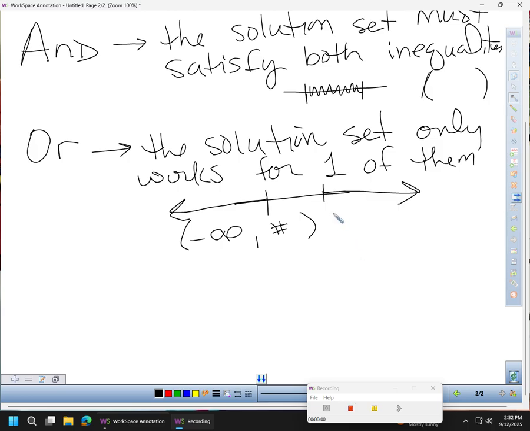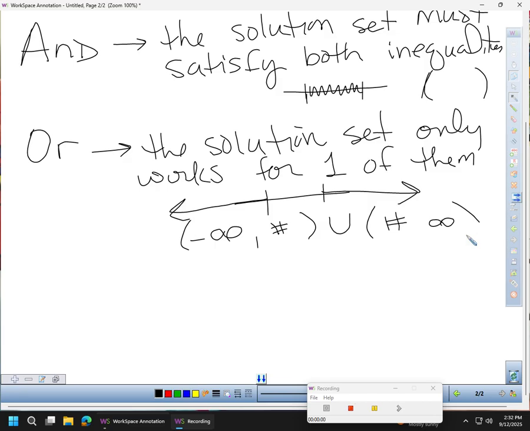Does anybody remember what goes in the middle? A U. Remember that? It meant union. And then we start with the next one, whether it's a parenthesis or a bracket, the new number to positive infinity. So if there are two pieces on the graph, there are two pieces on the interval notation.